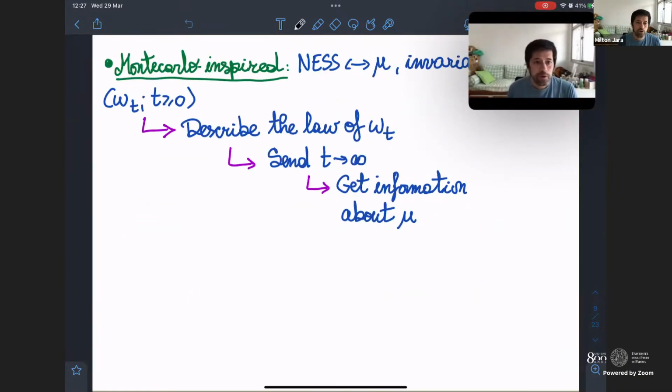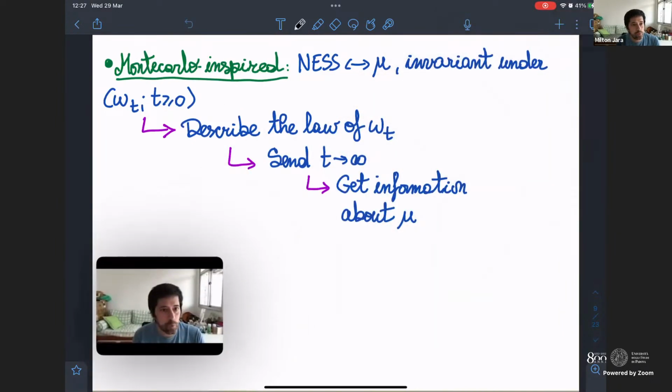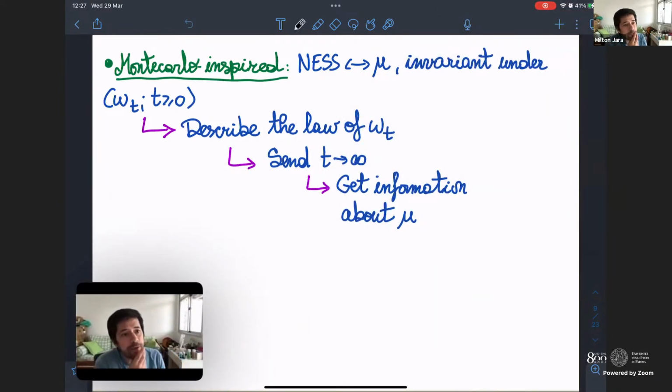Okay, so now what we want to do is inspired by Monte Carlo, Markov chain Monte Carlo. In Markov chain Monte Carlo, you want to simulate a given measure. And the way to simulate this measure is to set up a Markov chain that has this given measure as an invariant measure.